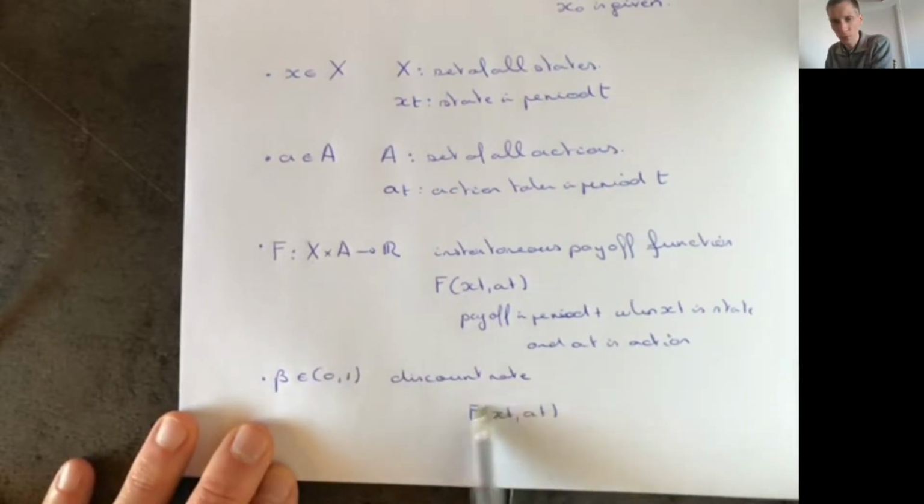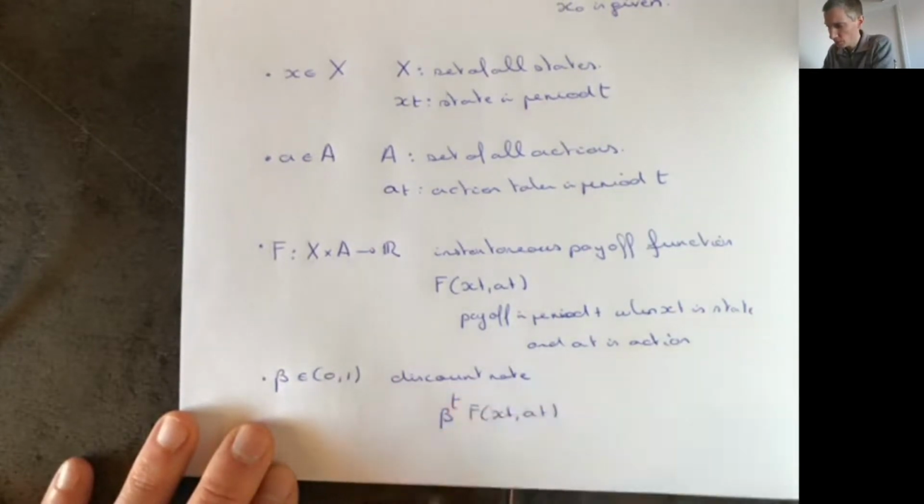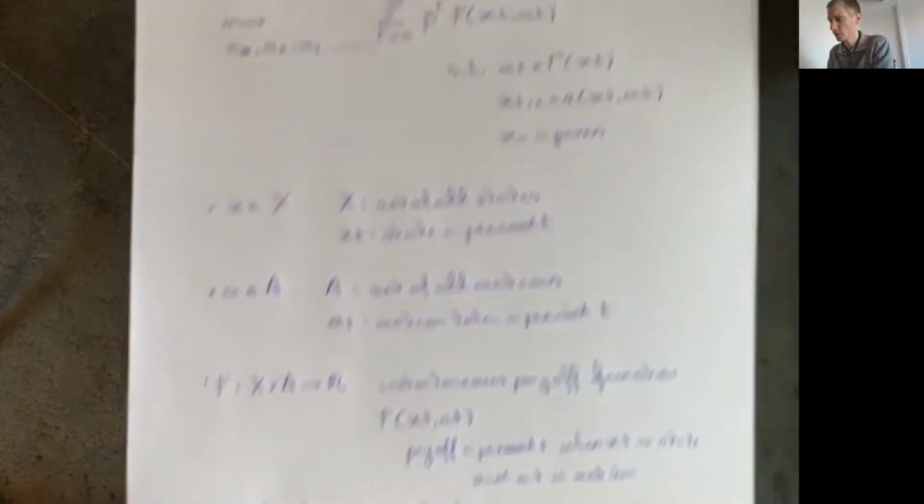But this is only obtained t periods in the future. In order to bring it to today's present value, you have to discount it by a factor of beta every period. So beta to the power t is indeed the amount of payoff that you get in period 0. Okay, so this is how it works.